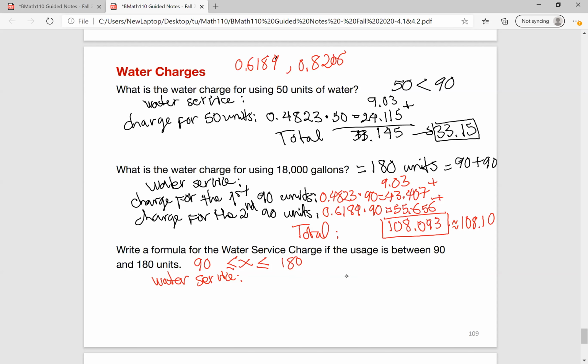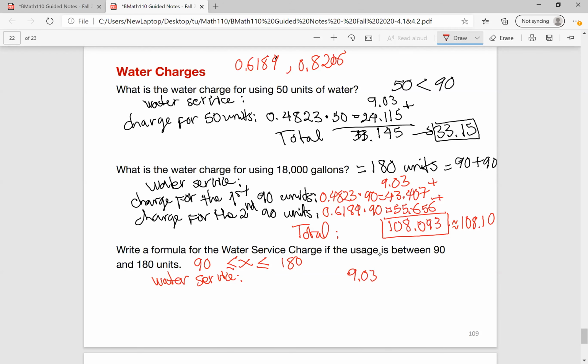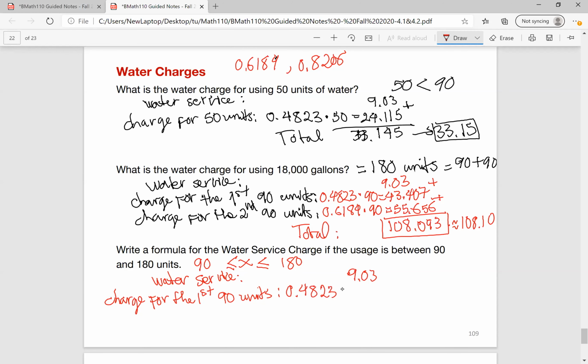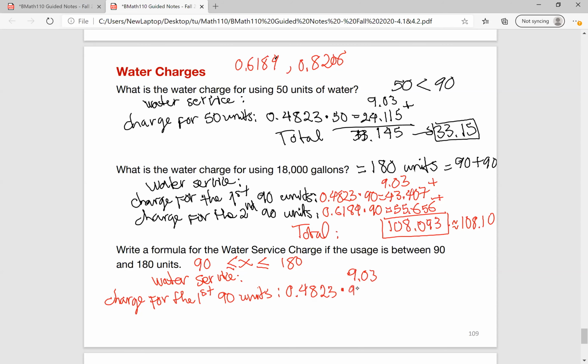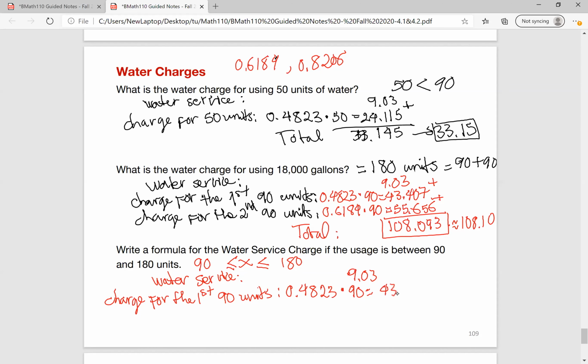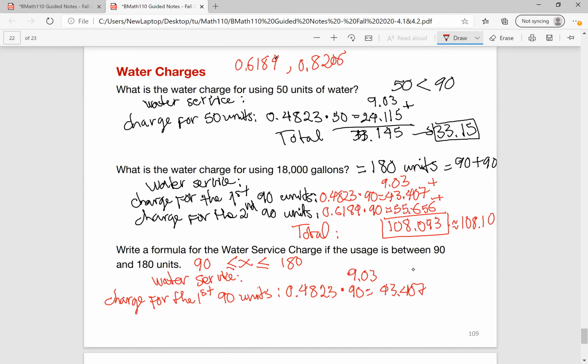The service charge is still 9.03. For the first 90 units, it will be 0.4823 times 90, and that will give you 43.407.